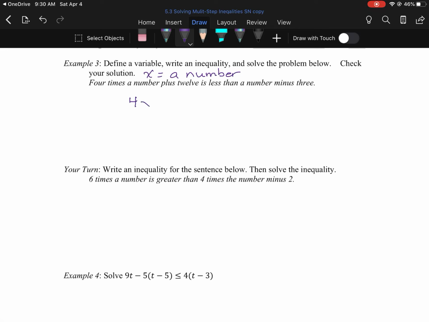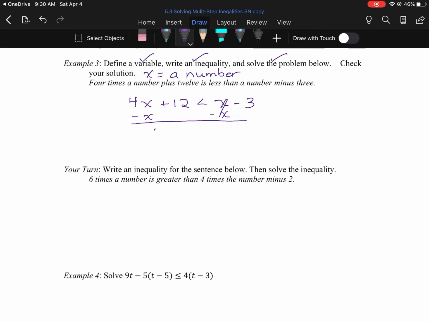So when it says 4 times a number, I can do my 4x plus 12 is less than, so that's my less than symbol, a number, so again, we said a number was x, minus 3. So we defined a variable, we wrote an inequality, now we have to solve the inequality.